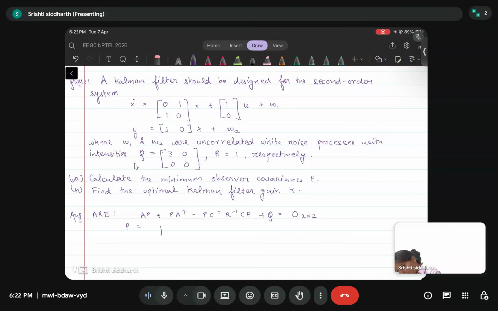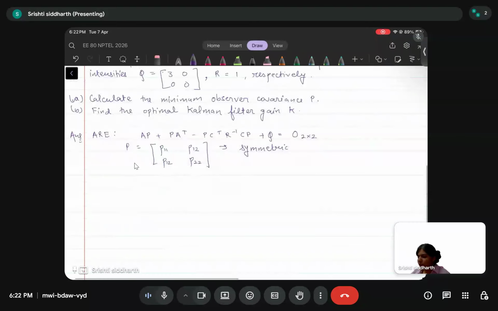P is a symmetric matrix. So P11, P12, P12 and P22. Right, so let's calculate each of the quantities in the Riccati equation.